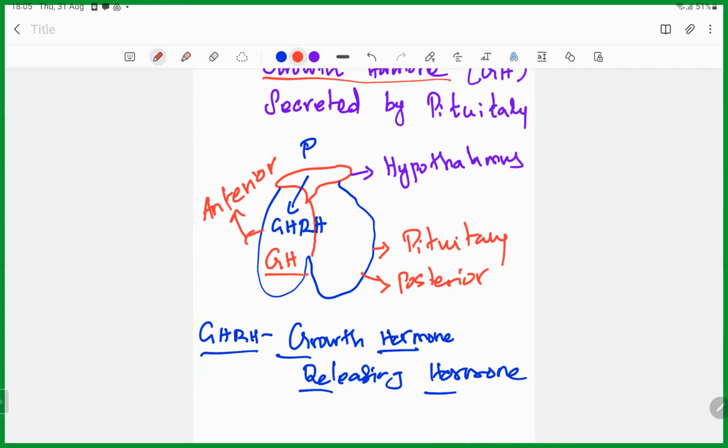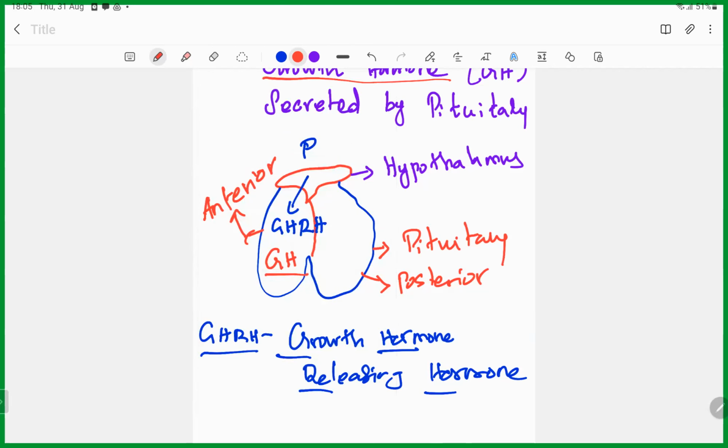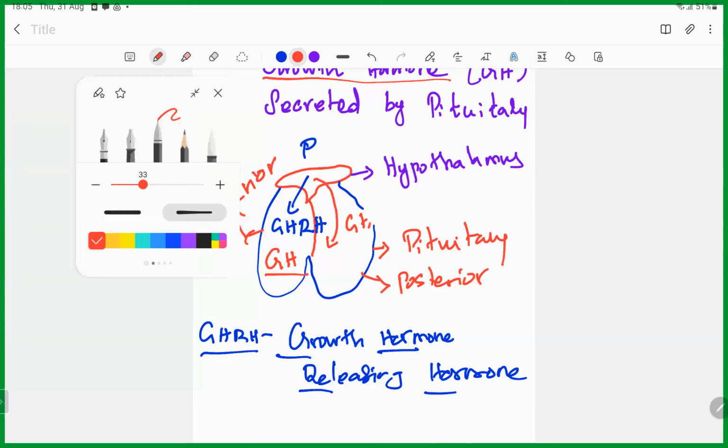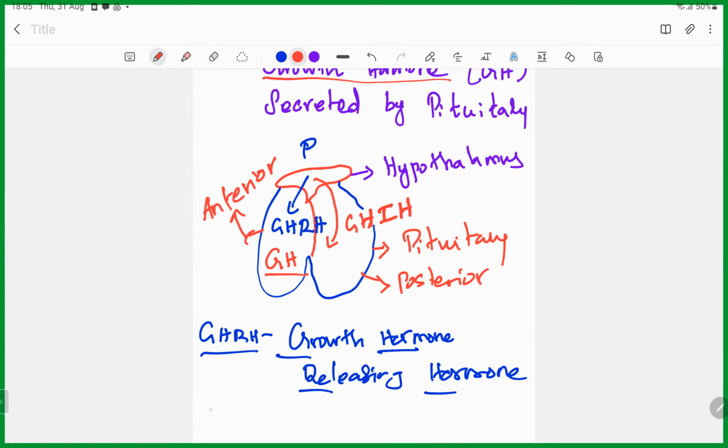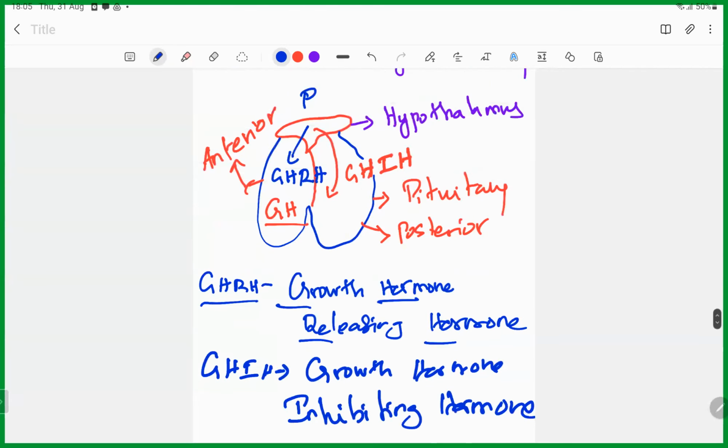And similarly, if another hormone comes, growth hormone inhibiting hormone, what will happen? The action of GH is inhibited.